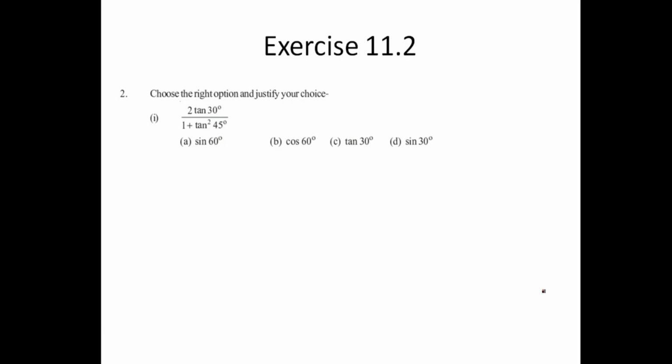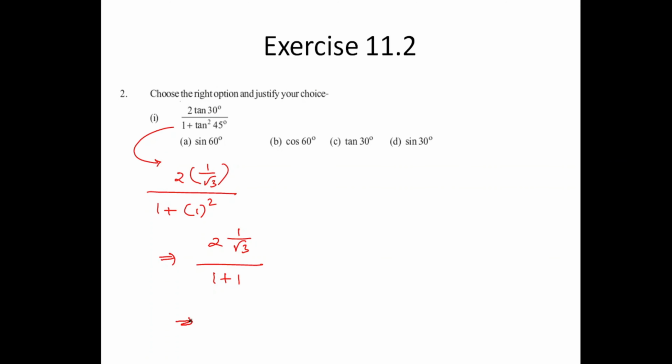You need to solve these answers over here. If you are looking at this value, tan 30 is 1 by root 3, and tan 45 is 1. This is your square eventually. So let us solve this. This should give you the answer: 2 of 1 by root 3 by 1 plus 1. So 2 times 1 by root 3.